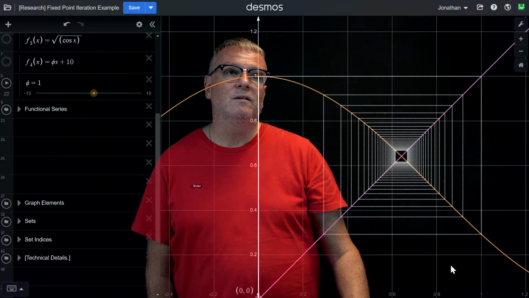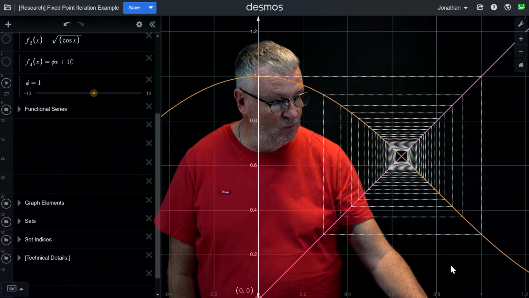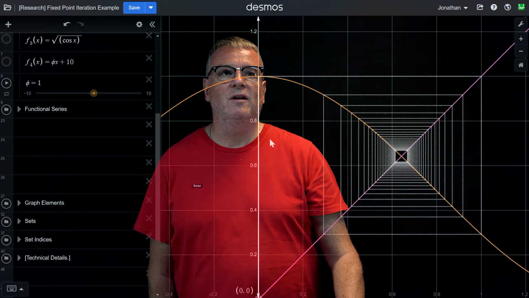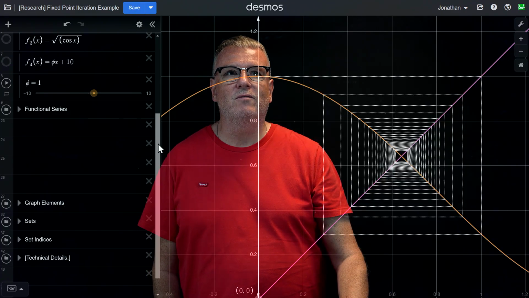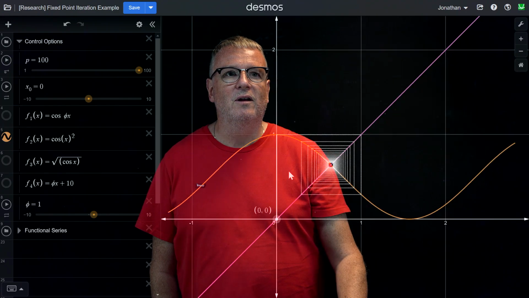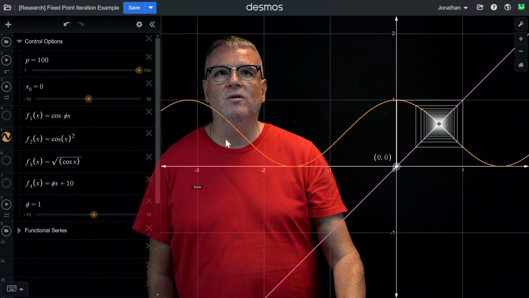I would then, as an experiment, try something a little bit different, which is, what if, instead of taking cosine x squared, I did it the other way round, and I went, well, what's cosine followed by square root? Cosine followed by square root.